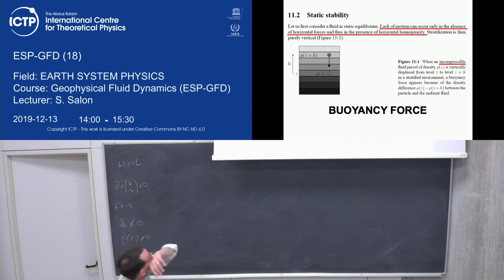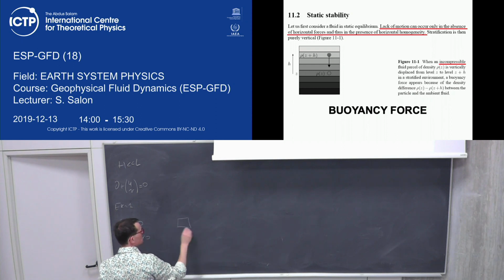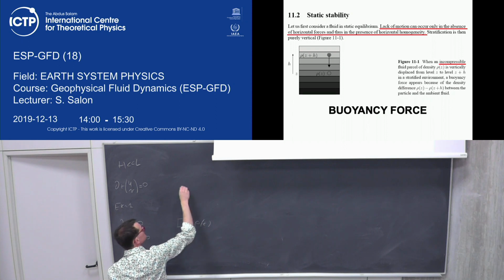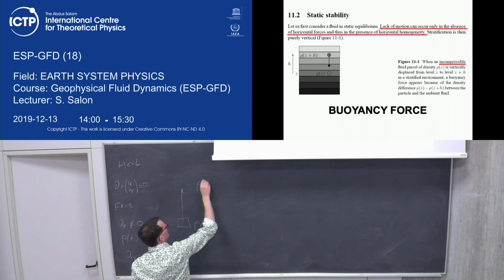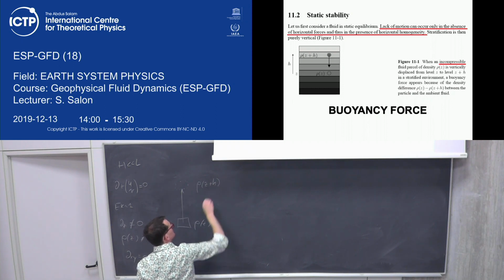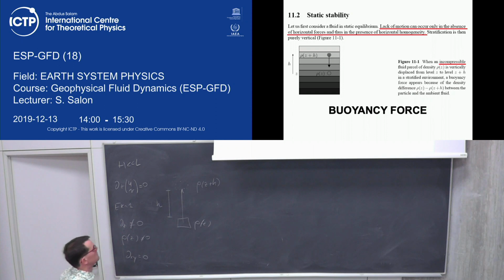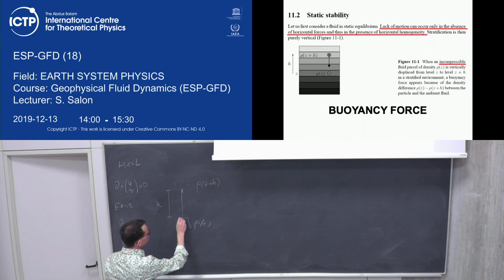So the first thing that we want to do is, let's consider a parcel which has a certain density rho(z) and is moved to an area where the density is rho(z+h). So this vertical distance is h.